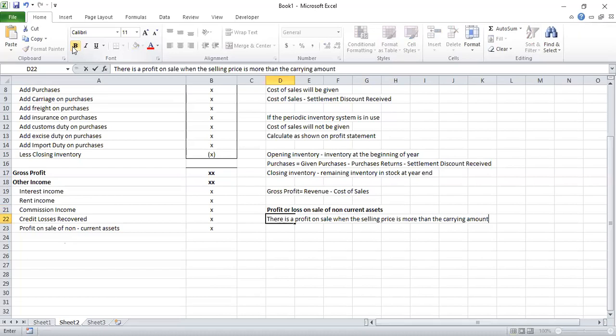When we say carrying amount, we mean the book value of our asset, the value it has in our books. As long as we sell it for more, then there will be a profit. Profit or loss will be equal to selling price minus carrying amount.